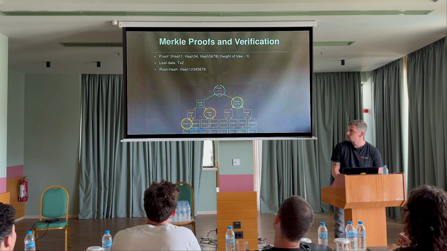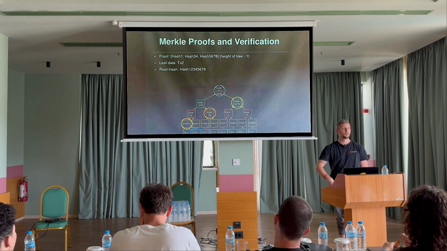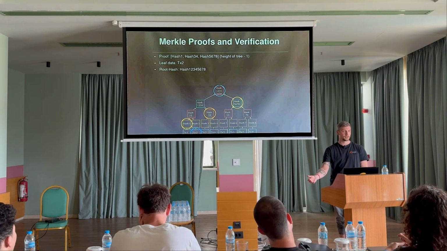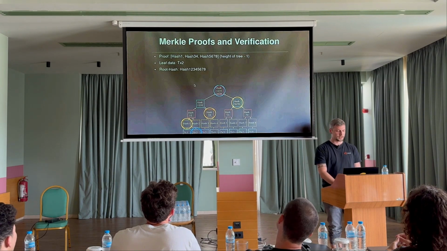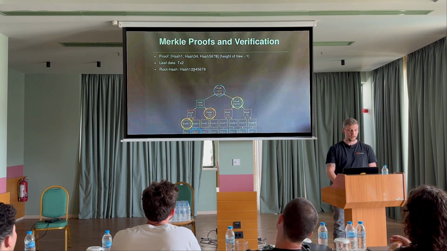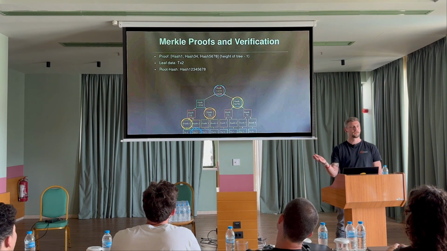So we take the data, hash it, and walk this path up to the root hash. If we end up at the correct root hash, then we know that this piece of data is really part of the tree. As you can see, we don't need the full data set to end up at the root hash, and normally the proof size is the height of the tree minus 1, so it's way smaller.